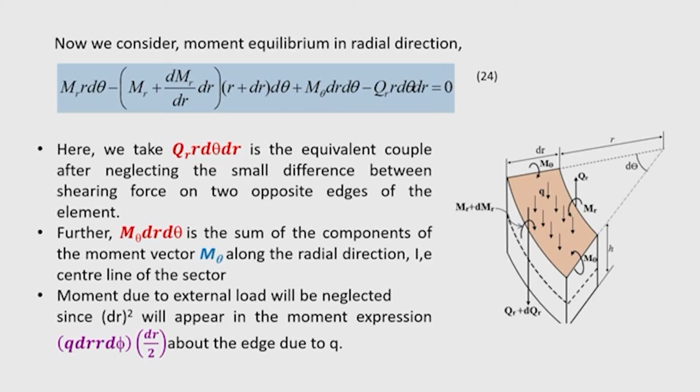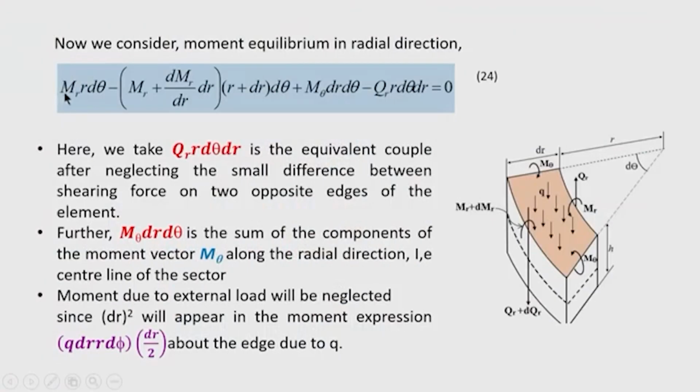So, m_r, m_θ etcetera, q_r or q_θ, whatever may be, these will be in terms of the quantity per unit length. So, therefore, to get the total force or moment, we have to multiply it by the corresponding length. So, m_r into r dθ is the total moment along this edge, and along this edge you will get (m_r + ∂m_r/∂r dr) into dr, and the arc length (r + dr) dθ. So, the moments of all the forces are taken.